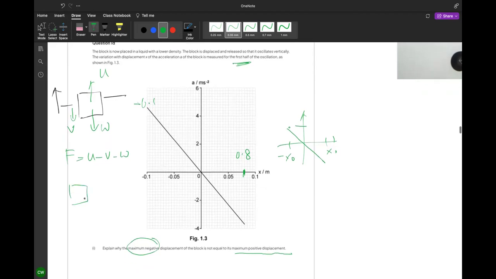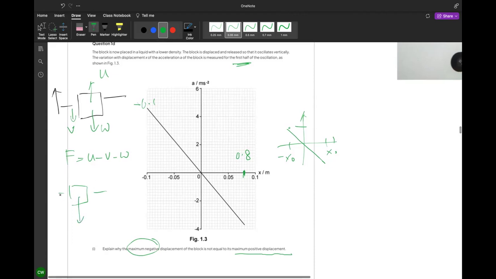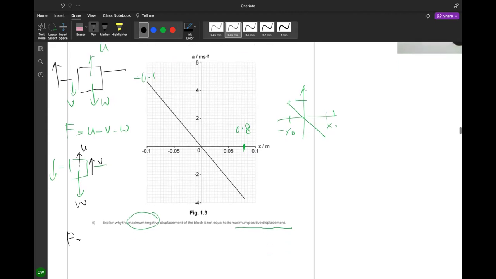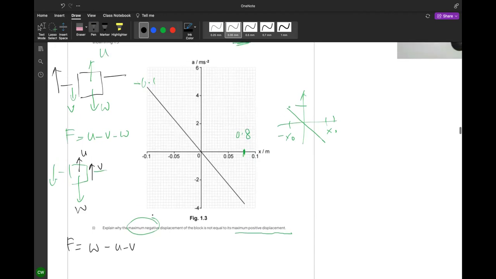But when the thing is moving down, what happens? When the thing is moving down, then you will take weight, because the viscous force is opposing the motion. So it will be weight minus the viscous force.